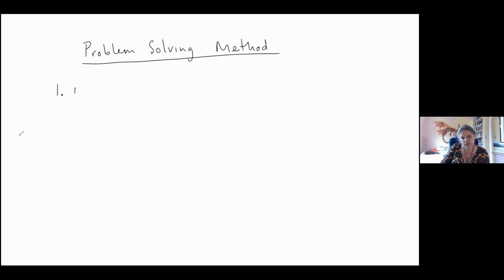What do they want you to find? In the example that we had, it was V, which was D over T, wasn't it?